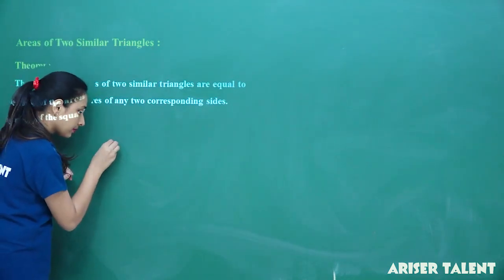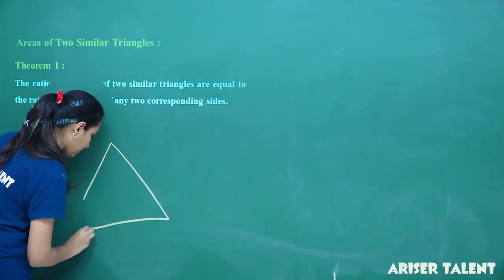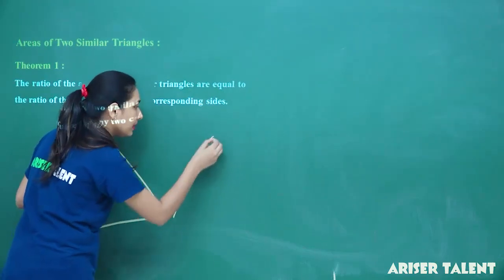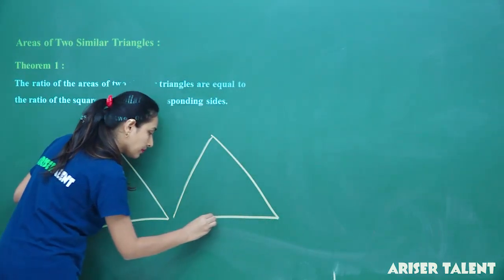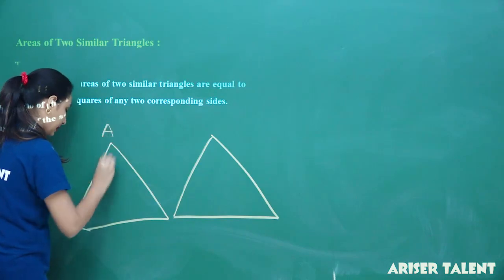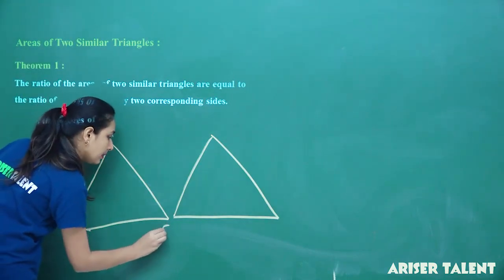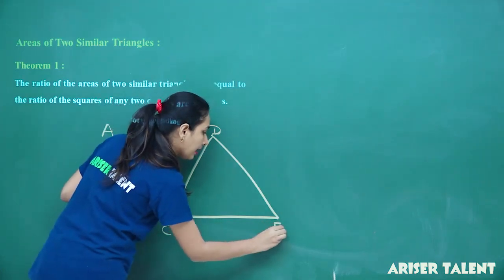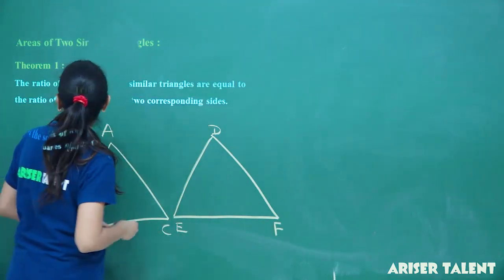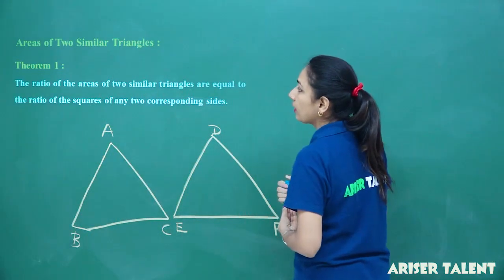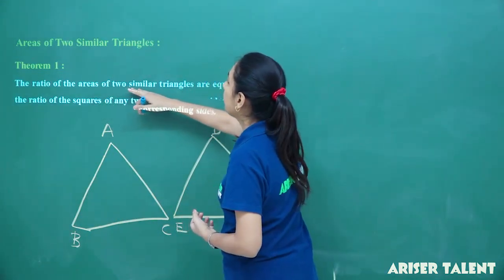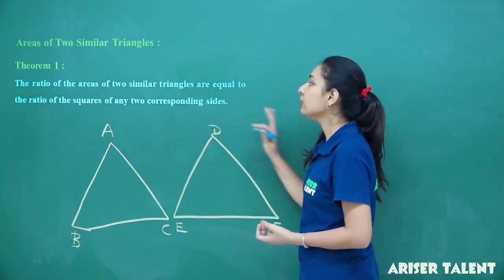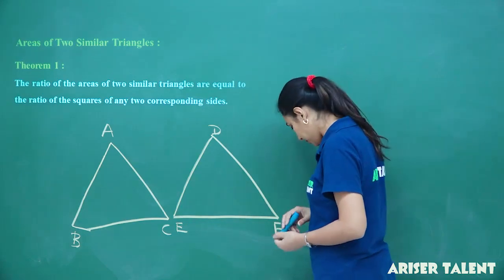Okay. These are my two similar triangles. Let's suppose they are A, B, C, D, E and F. Okay, students. Now it's saying that the ratio of the areas of two similar triangles is equal to the ratio of the squares of any two corresponding sides.